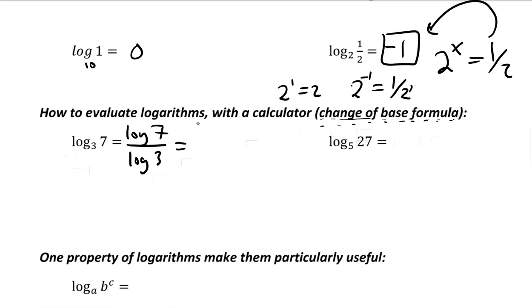It's also equal to the natural log of 7 over the natural log of 3. Since your calculator has these two built in, you could type in either one of those: log of 7 divided by log of 3, or natural log of 7 divided by natural log of 3. It's about 1.771.